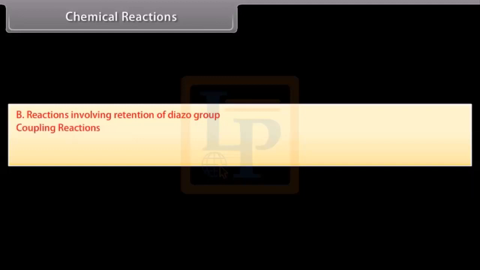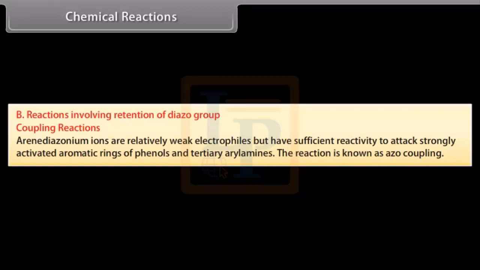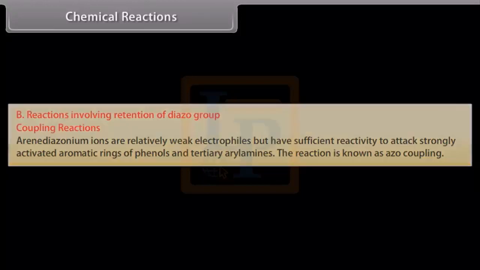Coupling reactions. Arene diazonium ions are relatively weak electrophiles but have sufficient reactivity to attack strongly activated aromatic rings of phenols and tertiary arylamines. The reaction is known as azo-coupling.